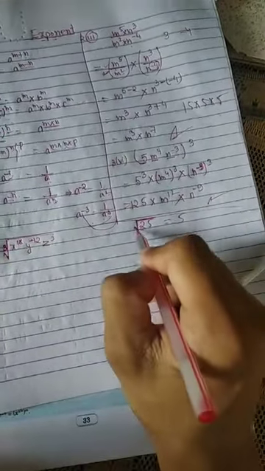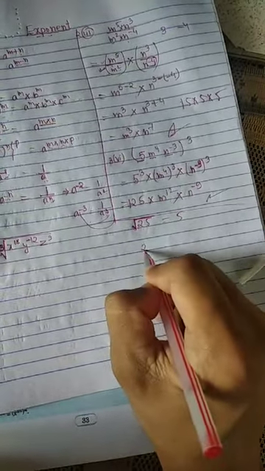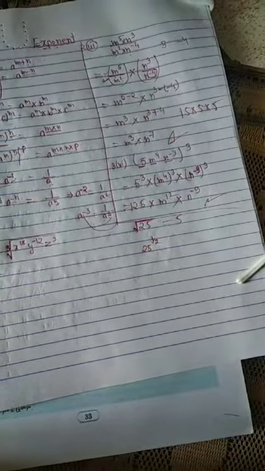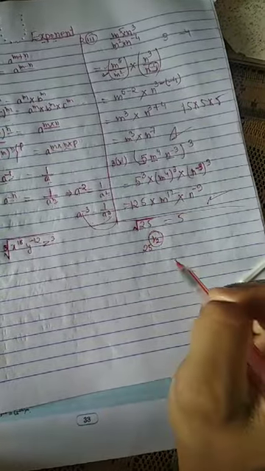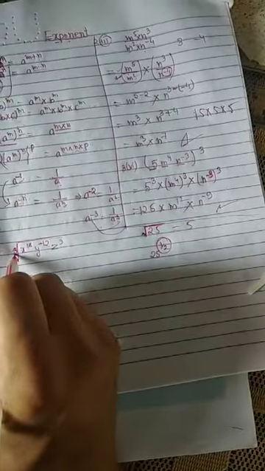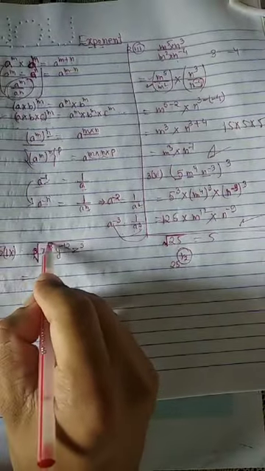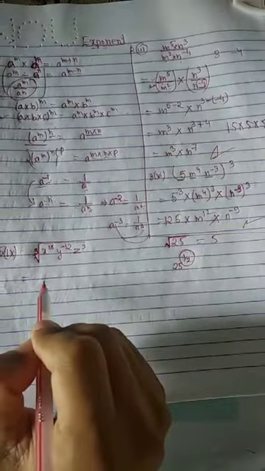And in this case, if we have the square root, this also means that 25 to the power 1 by 2. Square root also implies power 1 by 2. Similarly, as we have here cube root, this also implies that the whole term will have the power 1 by 3. So let's write now.